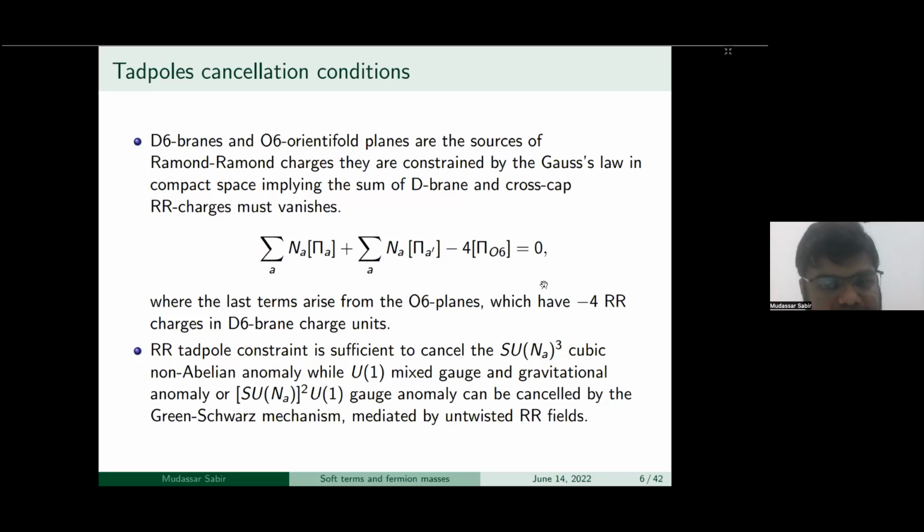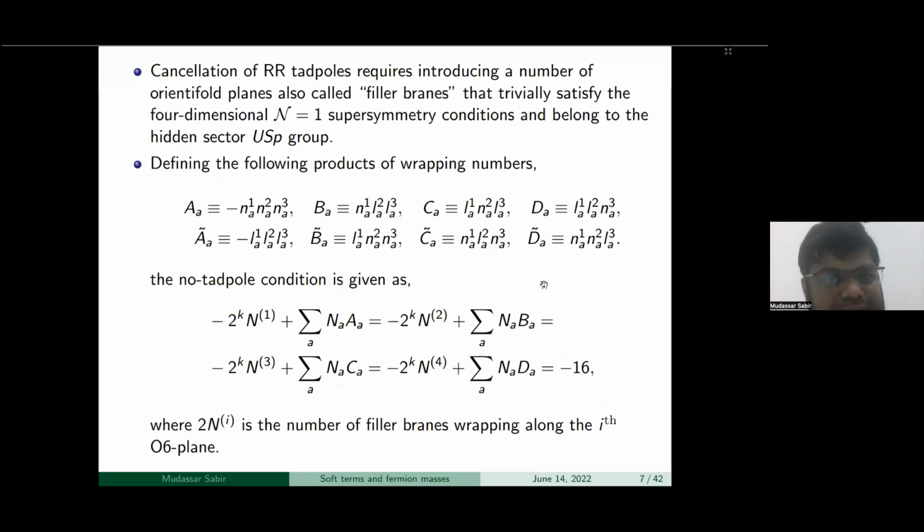while the U(1) mixed gauge and gravitational anomaly or SU(N) squared times U(1) gauge anomaly can be cancelled by the Green-Schwarz mechanism, which is mediated by the untwisted or Ramond-Ramond fields. The cancellation of Ramond-Ramond tadpoles requires introducing a number of orientifold-plane-parallel branes, also called the filler branes, that trivially satisfy the 4-dimensional N equal to 1 SUSY conditions and belong to the hidden sector, which in our cases is the unitary symplectic group.